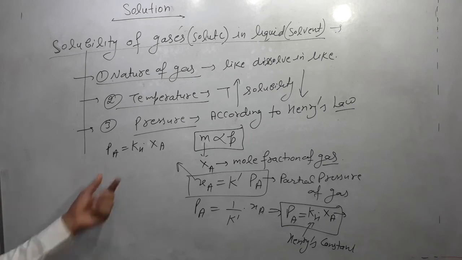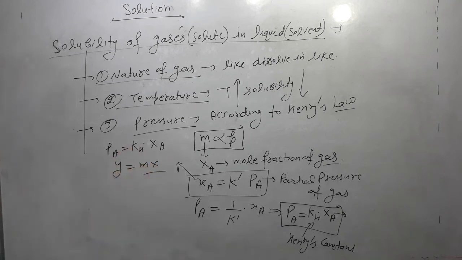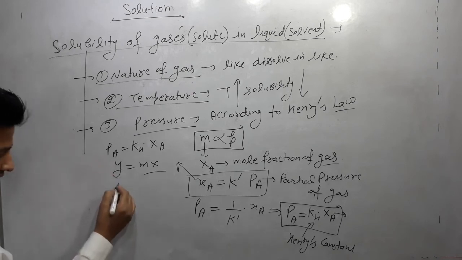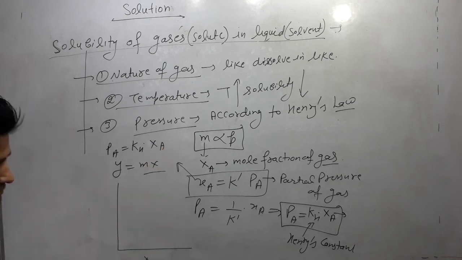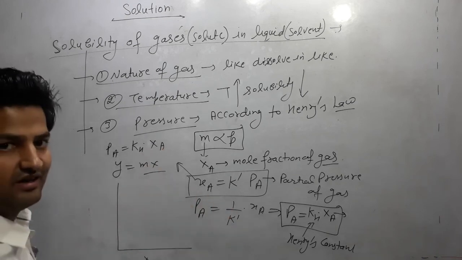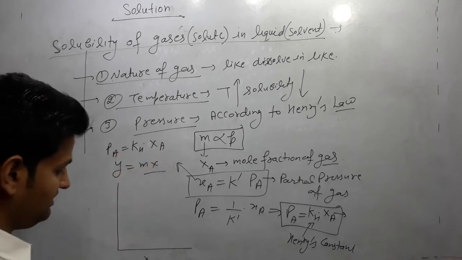This relation PA equal to KH into XA can be compared with y equals mx plus c. On the y-axis is the partial pressure, and on the x-axis the mole fraction of the gas. We can draw a graph between partial pressure of the gas and mole fraction of the gas.